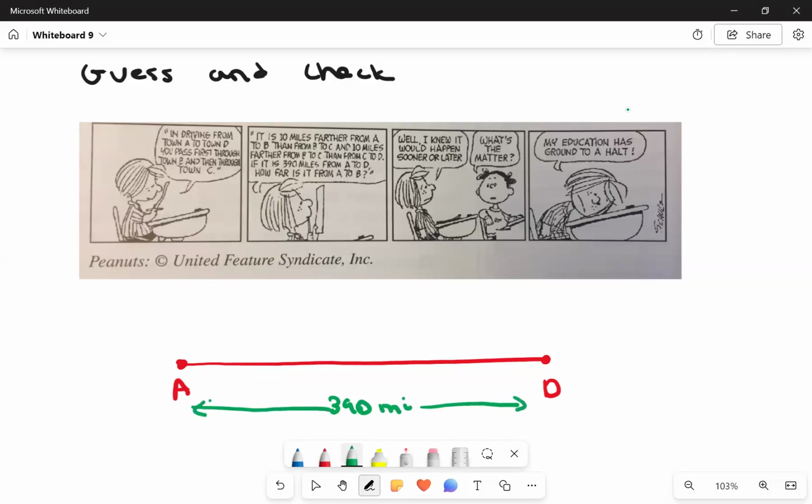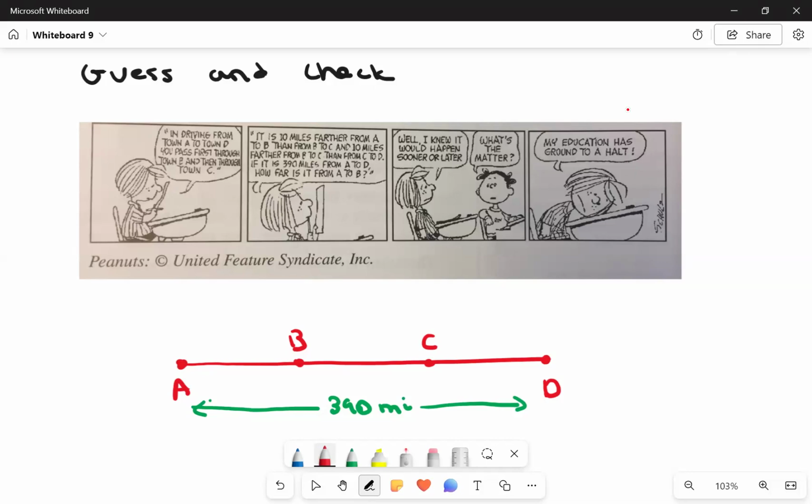And we know we passed through two other towns, B and C. So we need to figure out how far A is from B. Okay, give it a shot. Start somewhere and see if you can figure this out. All right, pause the video and then we'll go through my thinking for this.